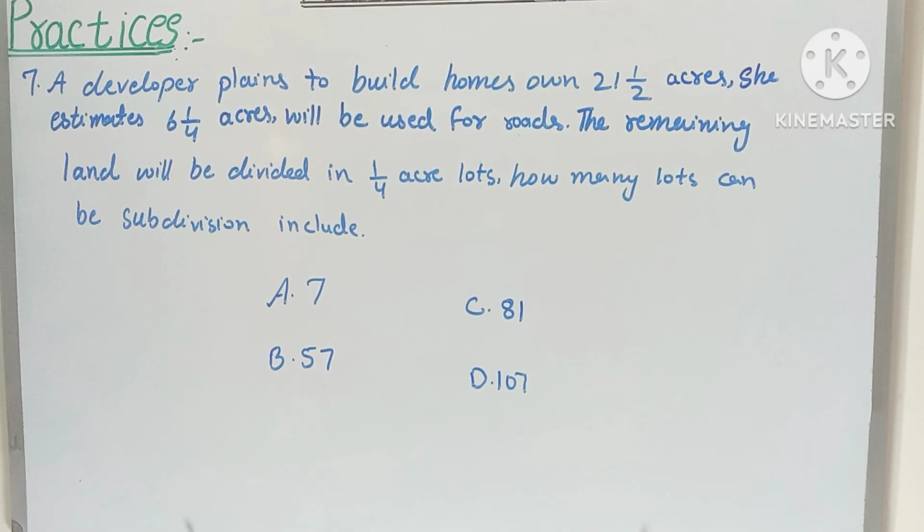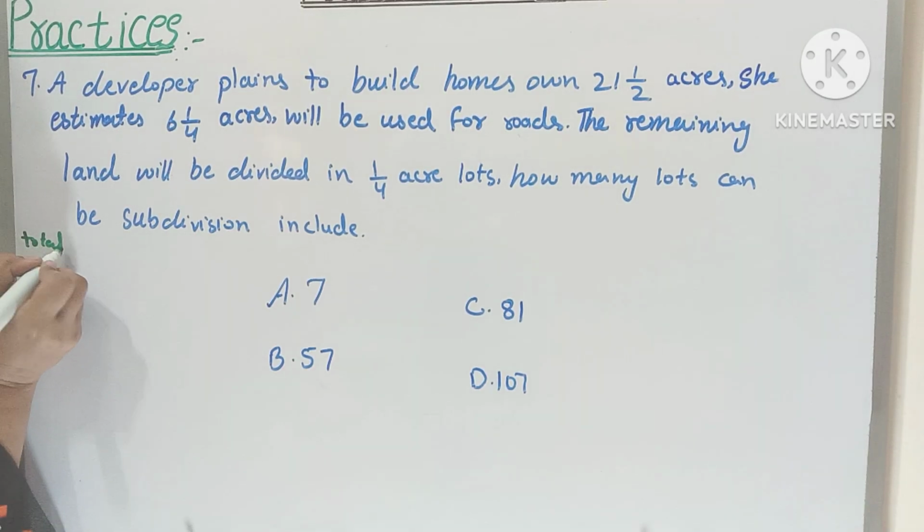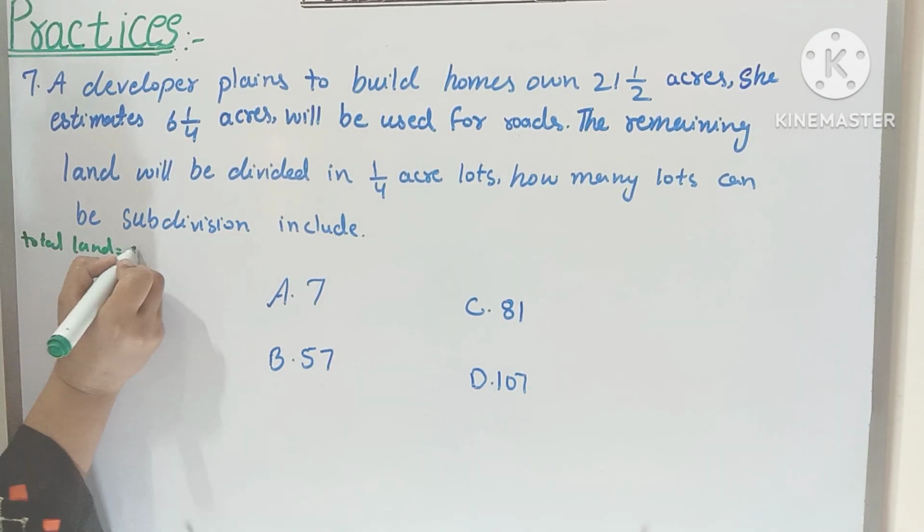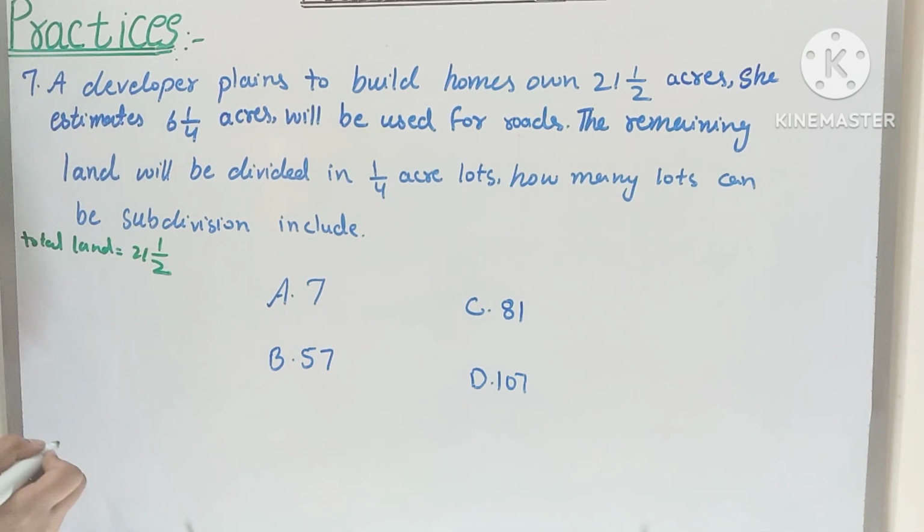Question number 7. A developer plans to build homes on 21 1 by 2 acres. He estimates 6 1 by 4 acres will be used for roads. The remaining land will be divided into 1 over 4 acre lots. How many lots can the subdivision include? Now, let's solve the problem step by step. The problem summary: total land, 21 1 by 2.